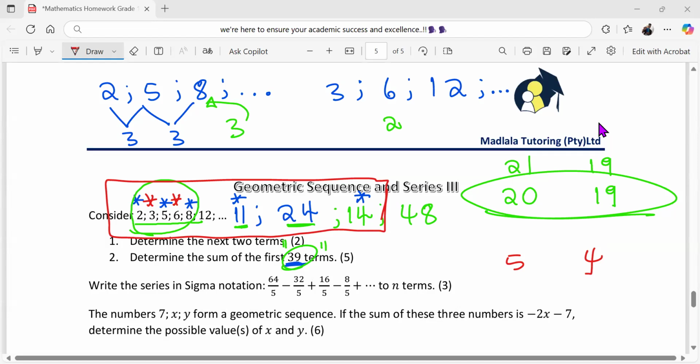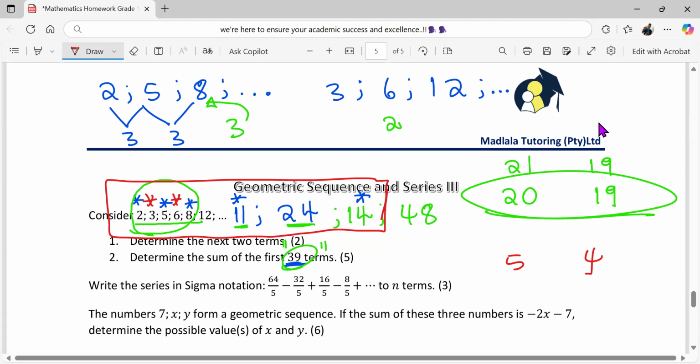Well, I told you a little bit of a lie when I said in 10 terms, you'll be having 6 for arithmetic and 4 for geometric. No, that's actually a lie. If you have an even number of terms, then your number of terms will be equal. You'll be having 5 for arithmetic and 5 for geometric. If it was 40, then you're going to have 20 for arithmetic and 20 for geometric.